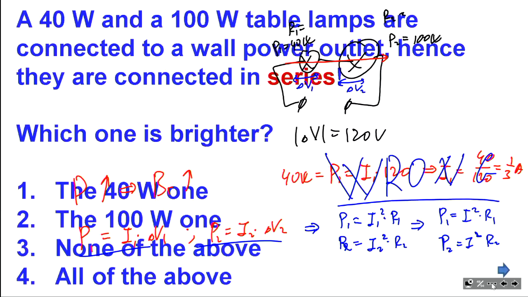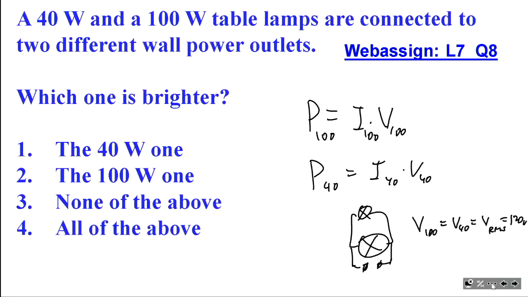This is how we find it. We go back to the slide for connection in parallel. The number on the bulb assumes that the bulb is plugged in directly into a power outlet, like in this picture. Hence, this power, P100, which is 100 watt, should be equal to voltage squared divided by resistance.